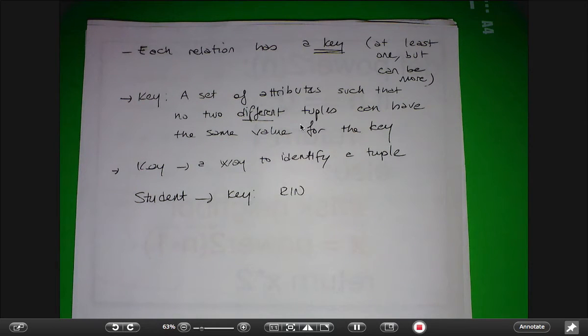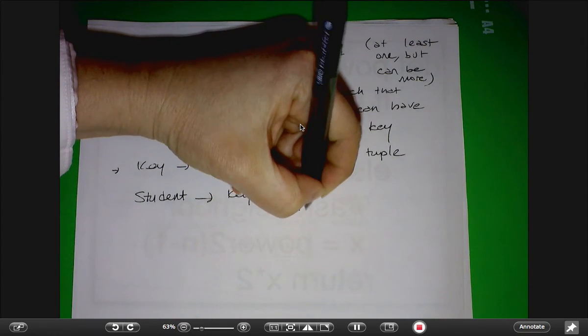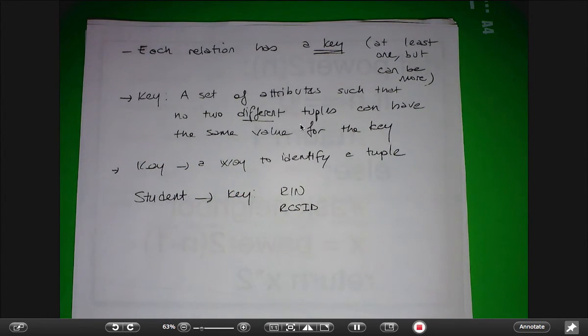Is there another key for students? Oh yeah, that's the RCS ID. I agree. All right. Years of teaching CS1, I never asked for RCS ID people to write it there. So my brain is burned. Is there another key for students?